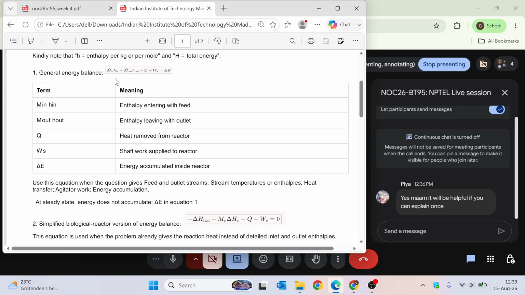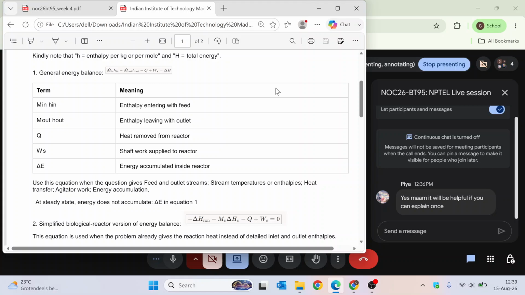In continuous reactors, m will be given in terms of kilogram per minute or per hour, whatever notation that is, for a given time how much mass of the feed is entering the reactor. So in that case you should use that as it is.